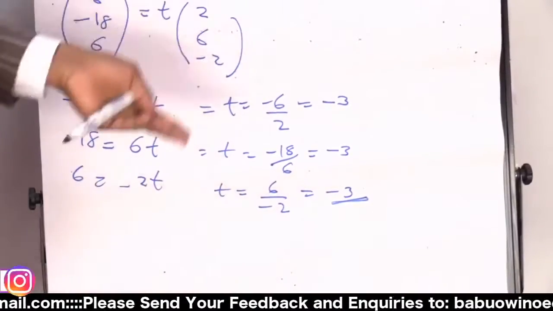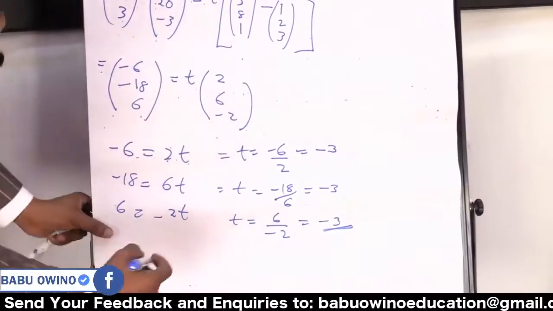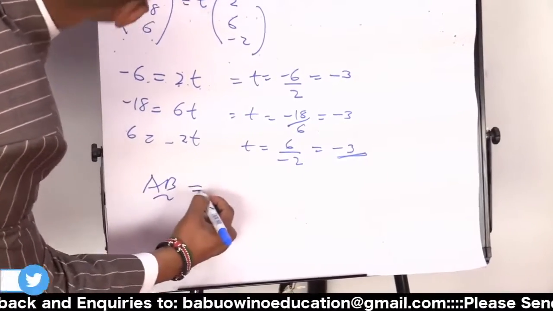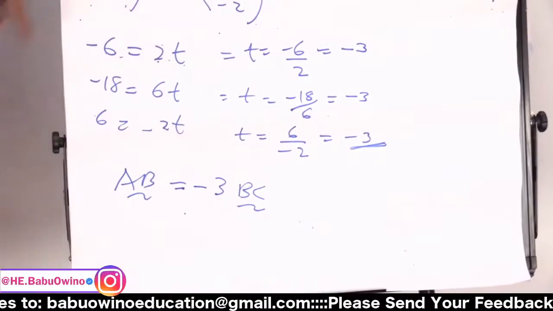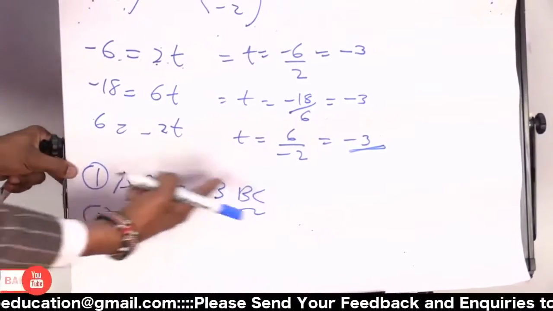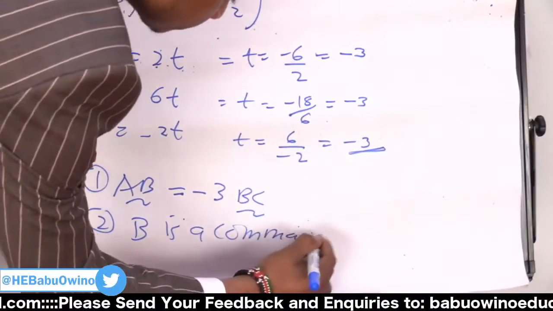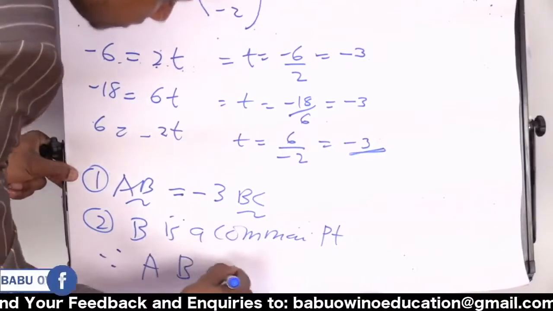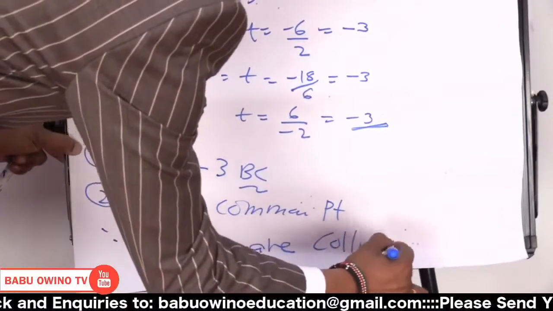You will know that you are getting the right answer if you are getting something which is the same. Therefore, you say that AB equals t, our t is minus 3, of BC. That is one. Two, you say B is a common point. In these two cases, B is a common point. Therefore, line A, B, C are collinear.